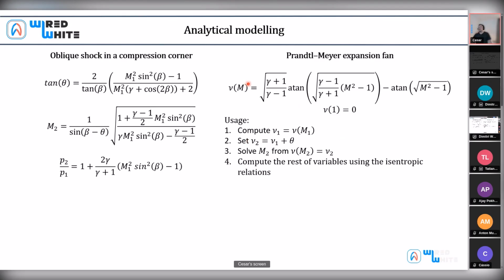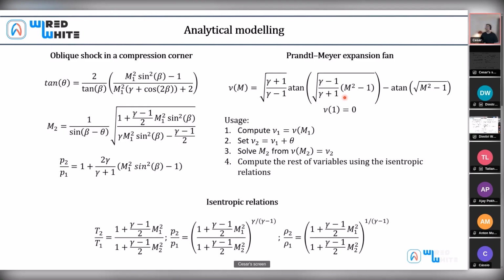And now what we do is solve this equation, substituting V2, for the Mach number, and we will have the Mach number after the shock. And then the only step left will be to compute the rest of the variables using the isentropic relationships, because we are in an adiabatic flow.